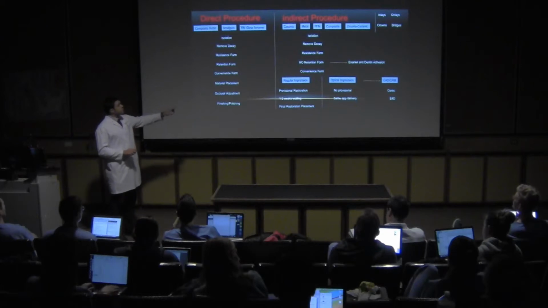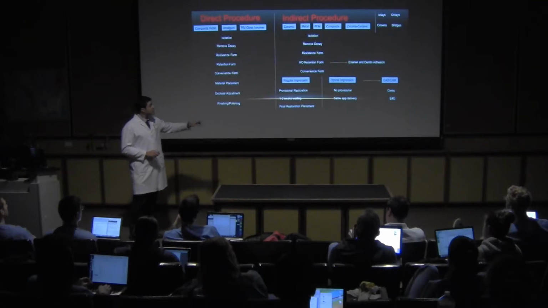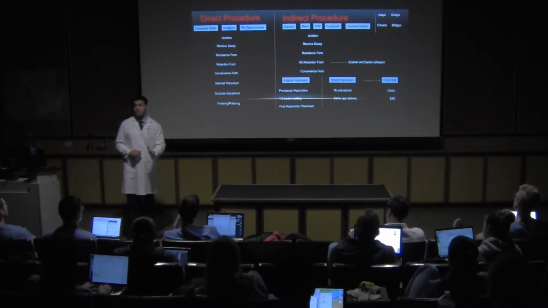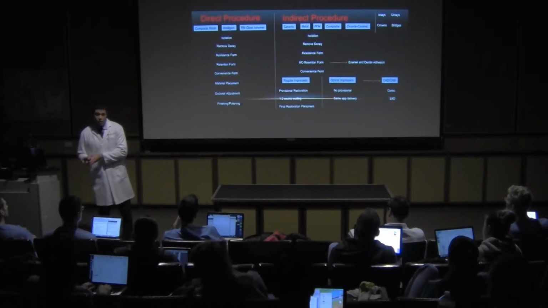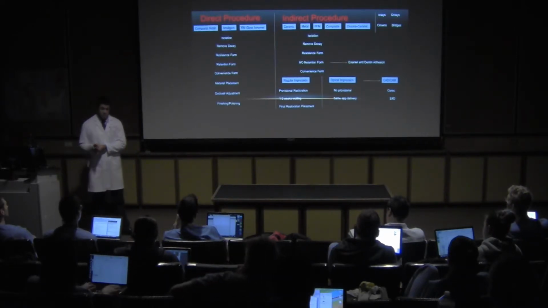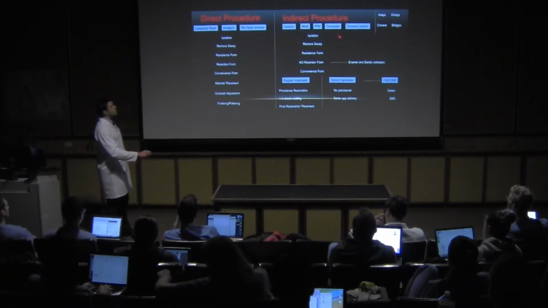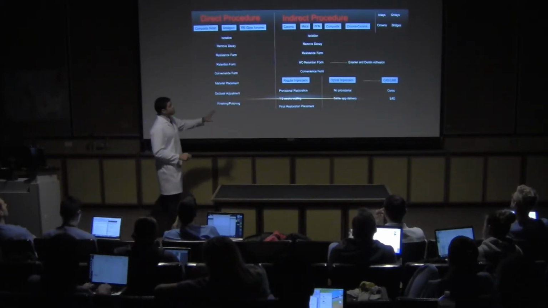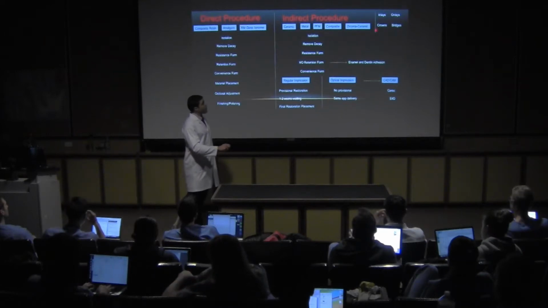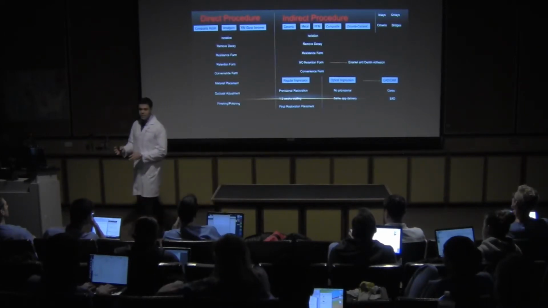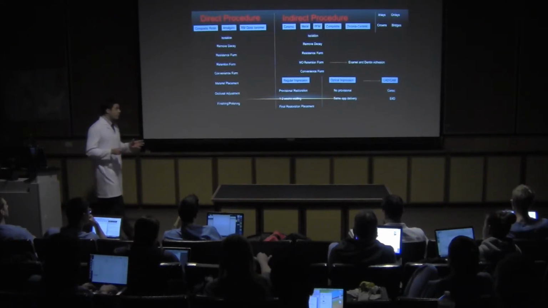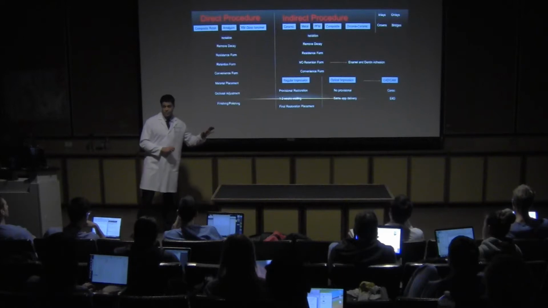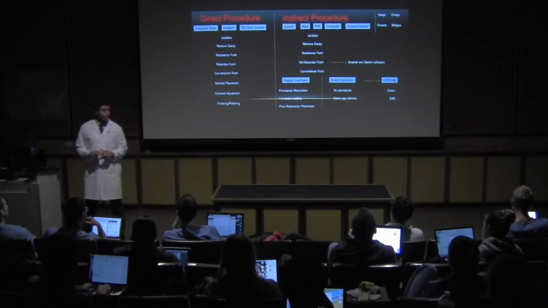So, in indirect procedures, I will work with ceramics, metals, PFMs, composite. This is lab composite. It's not the same composite resin that we work with in the office. Okay? And we have zirconia ceramics. Some of these materials we will work with to do crowns and bridges, and some others to do inlays and onlays. That is what we are going to learn today. Inlays and onlays and overlays too.